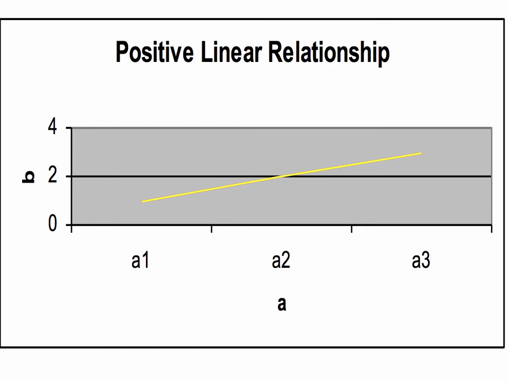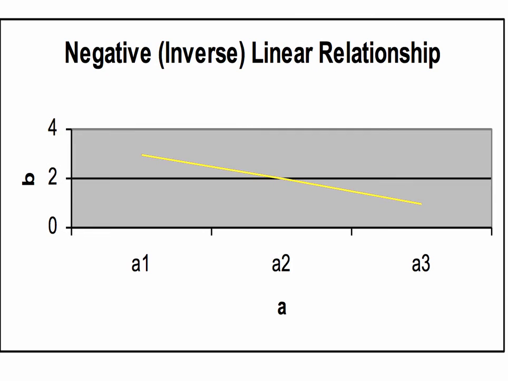So we can see kind of what that looks like. Again, we have two variables, and what we're essentially doing is predicting the relationship between those two particular variables. This is what a positive relationship would look like in output. And this is what a negative or an inverse relationship would look like. So that's how it's expressed graphically.